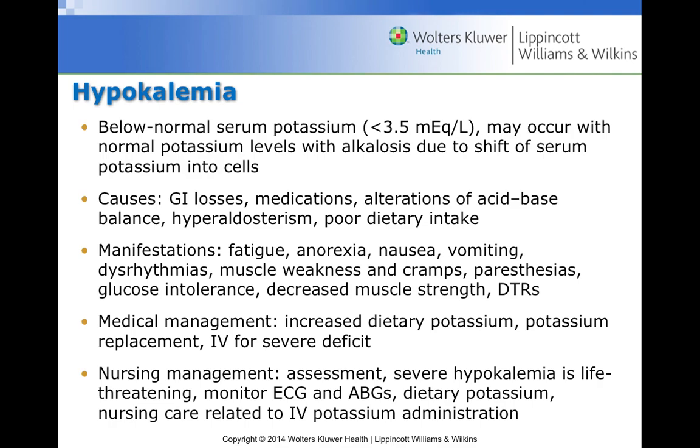Alterations in acid-base balance have significant effects on potassium distribution due to shifts of hydrogen and potassium ions between the cells and the extracellular fluid. Patients who do not eat a normal diet for a prolonged period are at risk for hypokalemia.